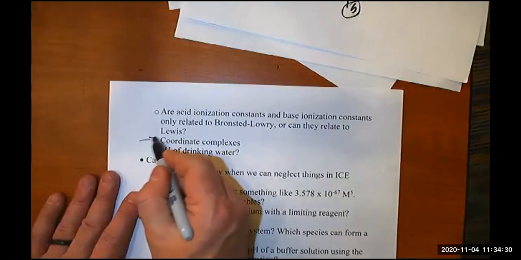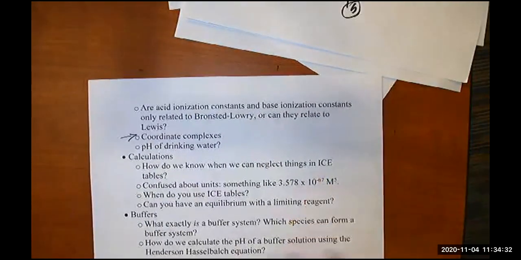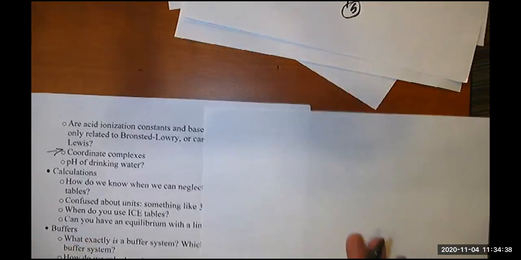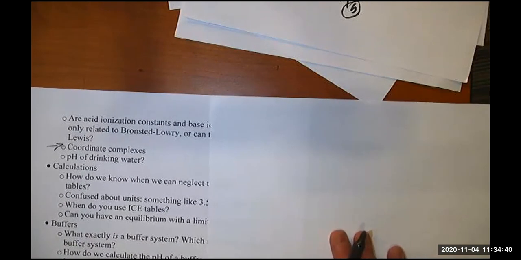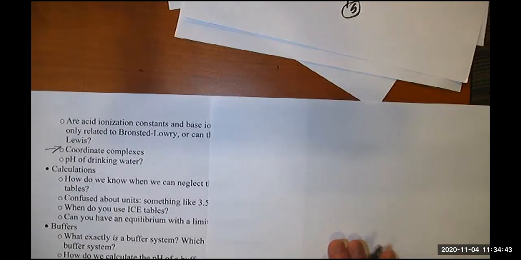Coordinate complexes. Okay, so one problem with coordinate complexes is that I have come across two very different definitions for them. And it's not clear to me that the textbook and Newton are being particularly clear about them.